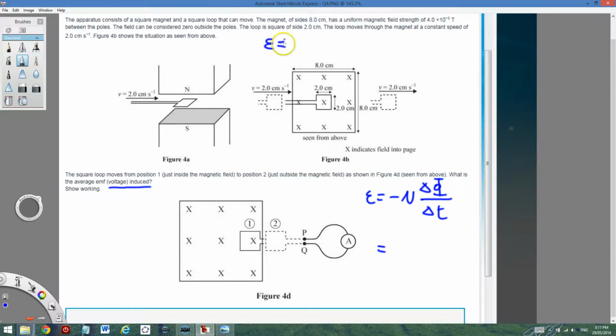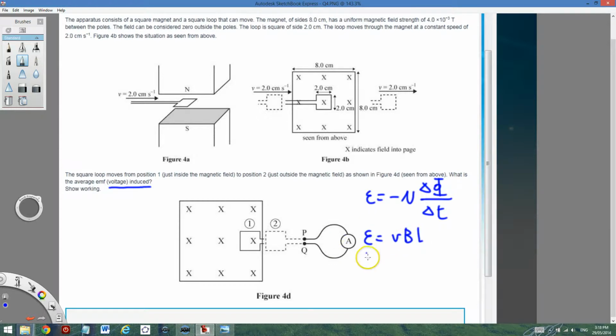The induced EMF can also be calculated by velocity times the magnetic field in Tesla times the length, the length in the other direction, perpendicular to the velocity.